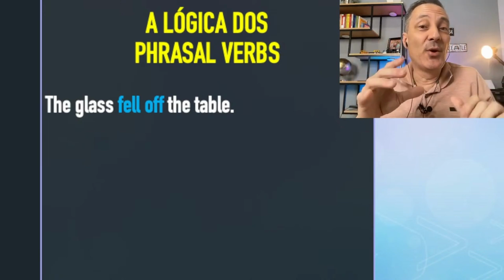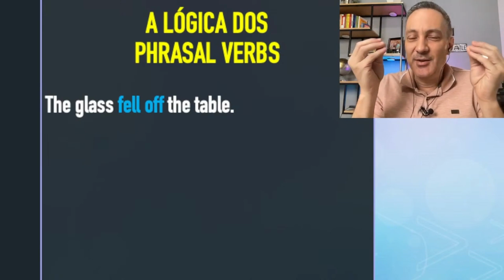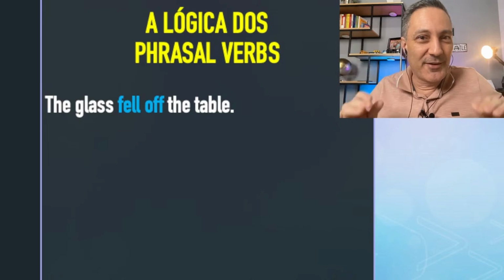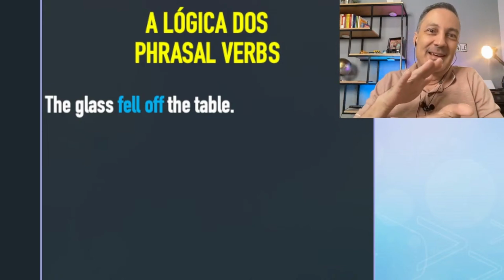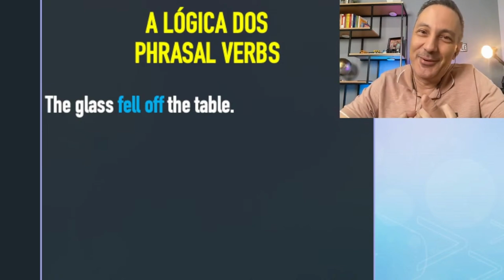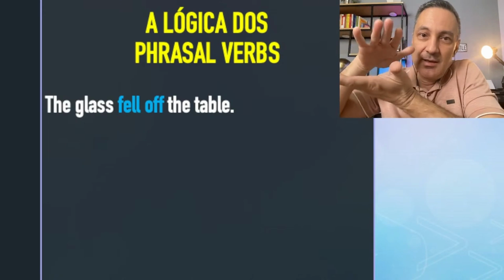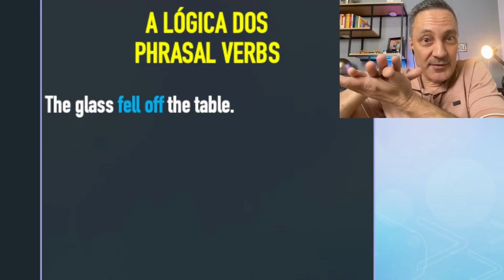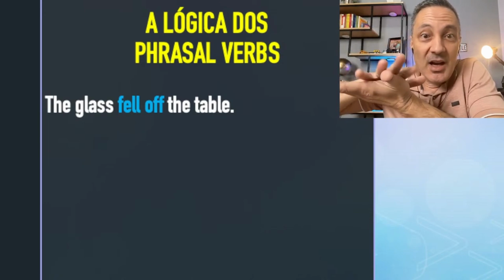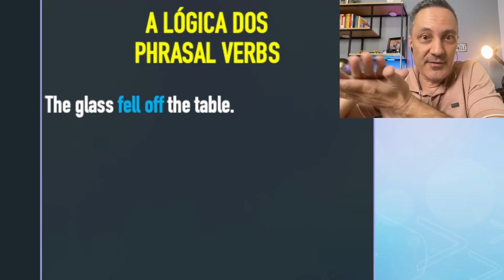Let's start with the word on so that you can make the connection. You probably remember the famous sentence, the book is on the table. What does on mean? On means that something is on the surface, in contact with another surface.